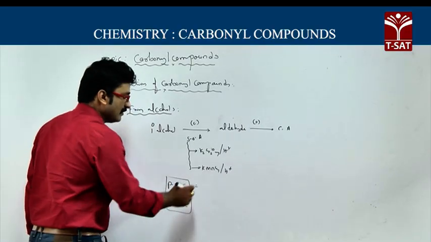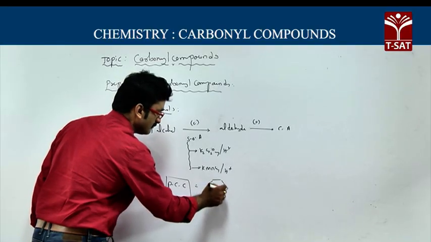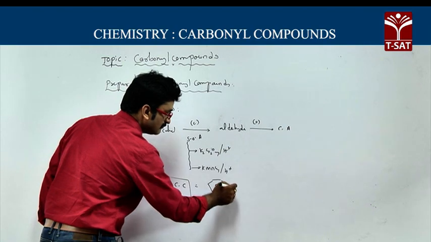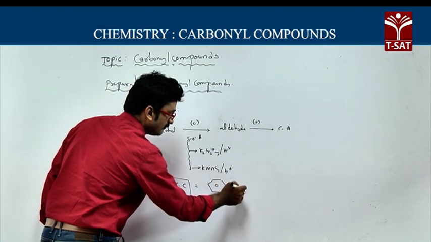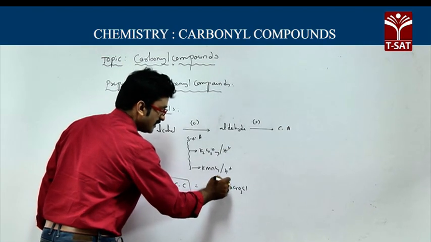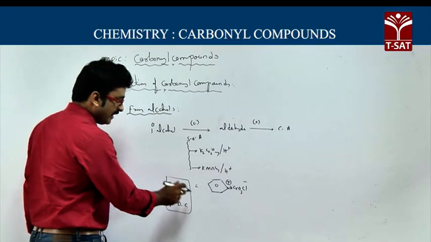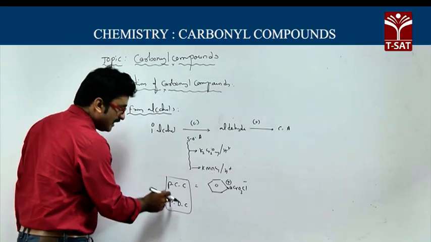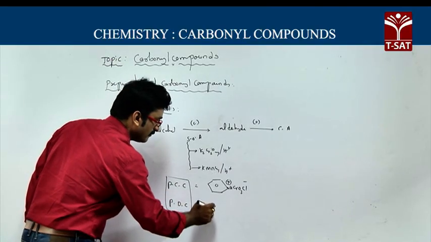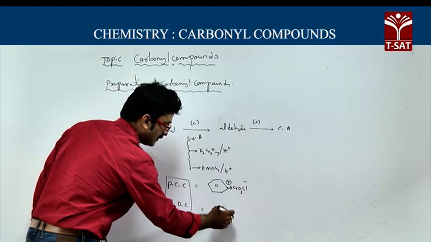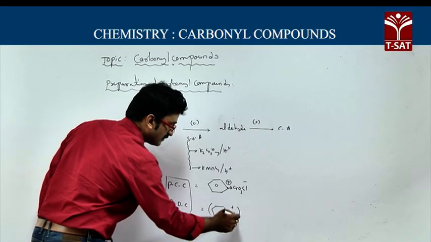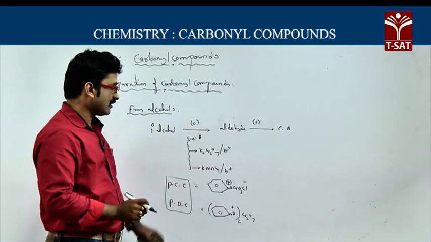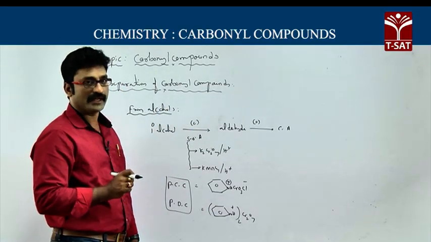PCC is nothing but pyridinium chlorochromate, C5H5NH+ CrO3Cl-, this is plus, this is minus, and PDC is nothing but pyridinium dichromate, Cr2O7. So PCC and PDC are used as selective oxidizing agents.